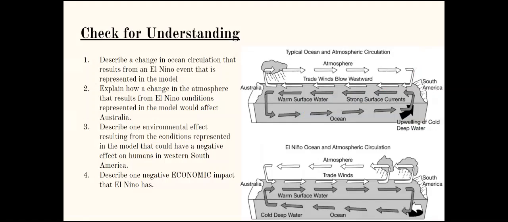For question 2, explain how a change in the atmosphere that results from El Nino conditions represented in the model would affect Australia. For question 3, describe one environmental effect resulting from the conditions represented in the model that could have a negative effect on humans in Western South America. And finally, describe one negative economic impact that El Nino has.